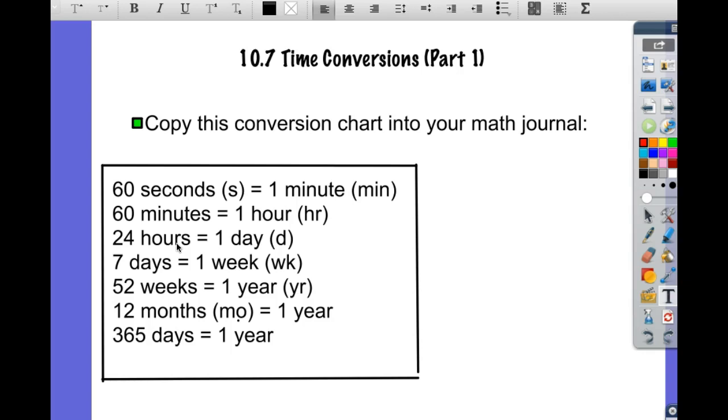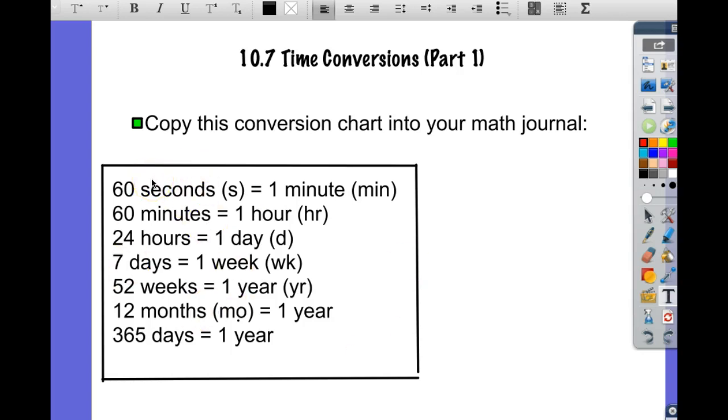All right, so hopefully you have your conversion chart written down in your math journal now. So what we are going to do is really quickly review a couple of things before we get started. First of all, you should probably have a basic understanding of this chart in general.